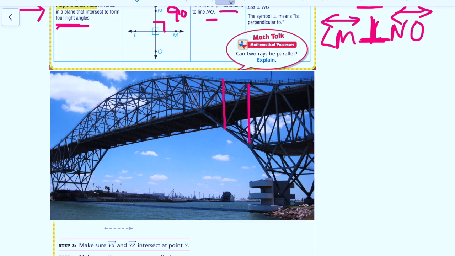If you go across this bridge, you will see there are a lot of parallel steel bars which make this bridge very strong. At the same time, you have a lot of intersecting bars. I will let you look at this and also try to find some perpendicular bars in here.